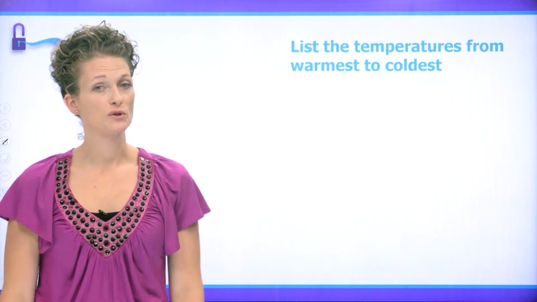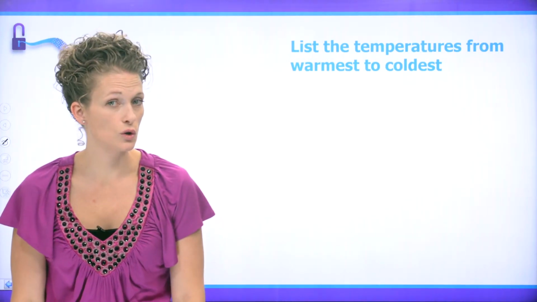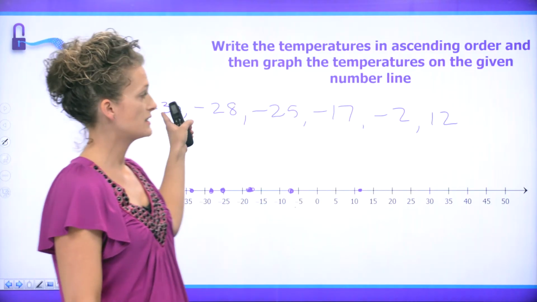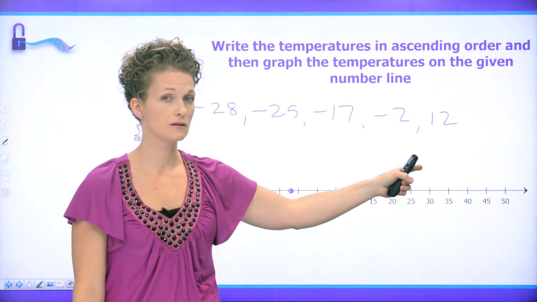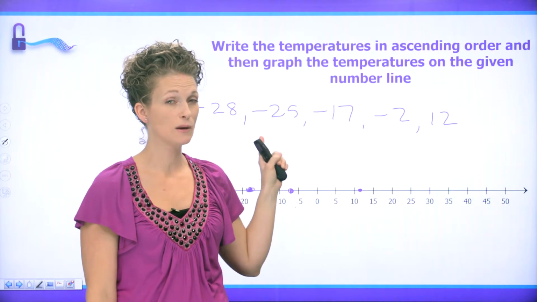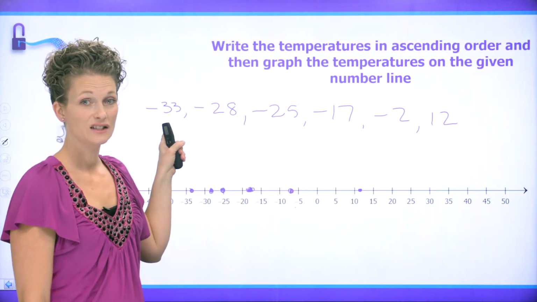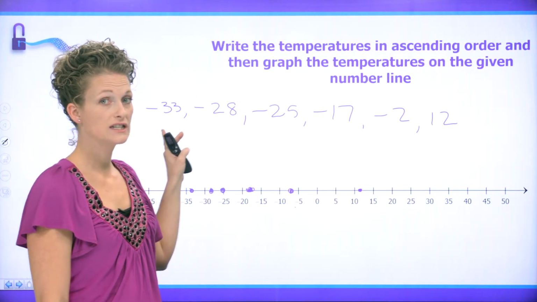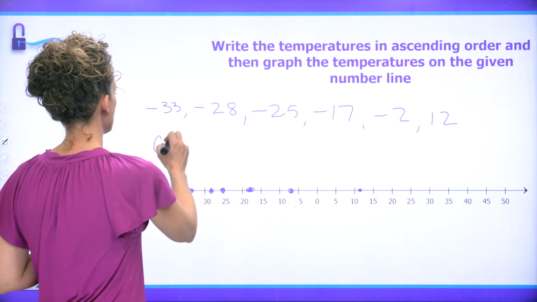So list the temperatures from warmest to coldest. So what does that mean? In ascending order, we had the smallest to the greatest. Now, when we're talking about temperature, this guy is going to be much colder. So ascending order is from coldest to warmest.